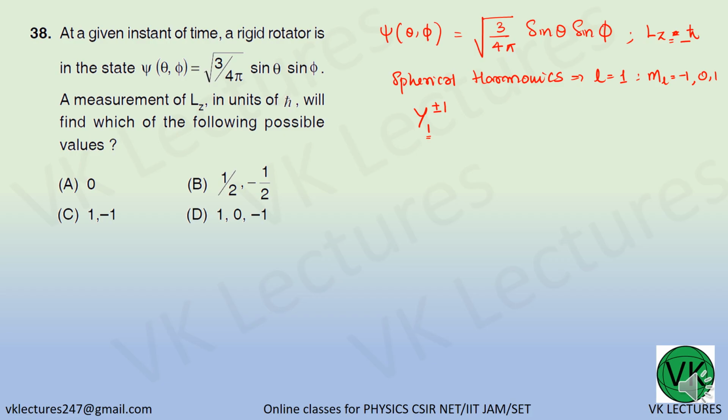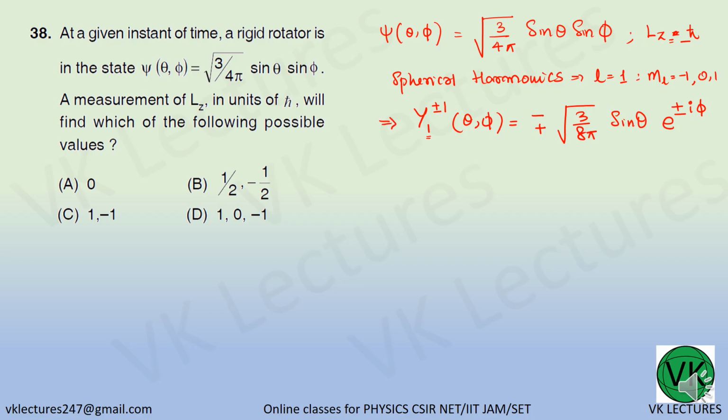So psi 1 plus or minus 1 of theta phi equal to minus plus (for plus 1 it will become minus, for minus 1 it will become plus) root of 3 divided by 8 pi, sine theta into e to the power plus or minus i phi. This is according to the spherical harmonics.